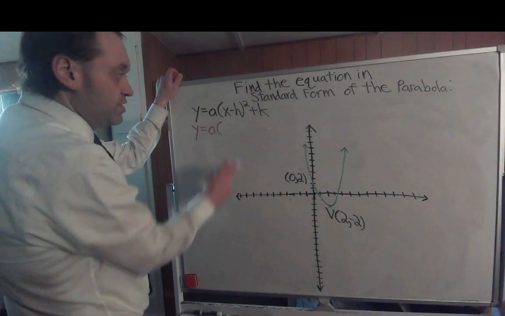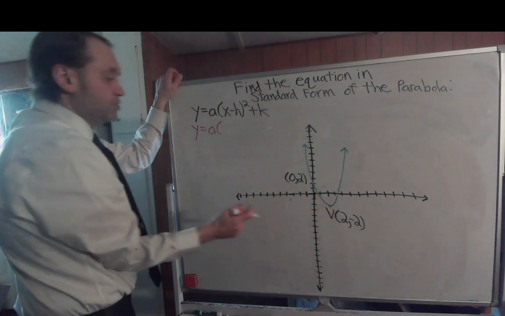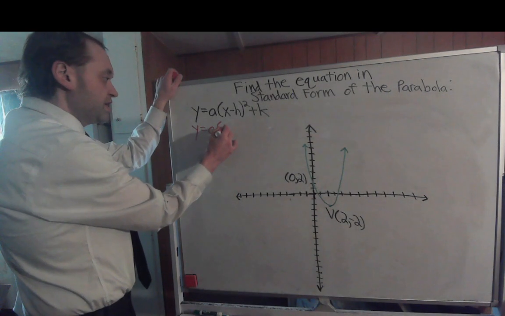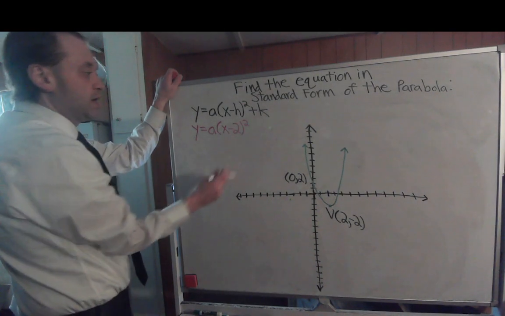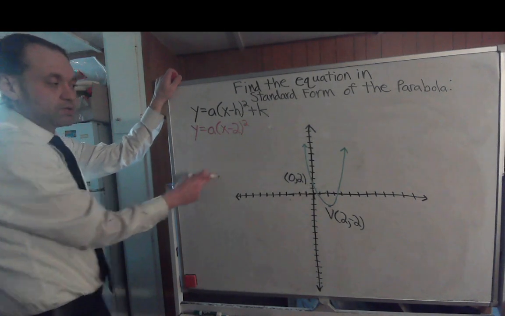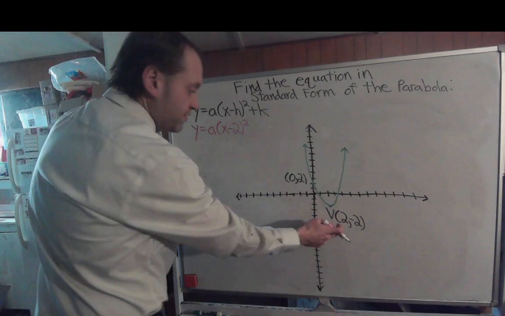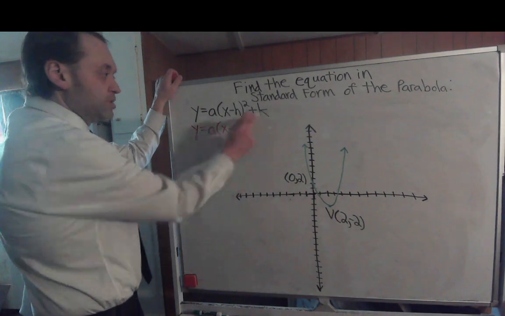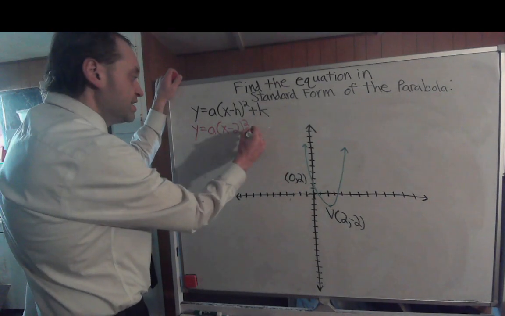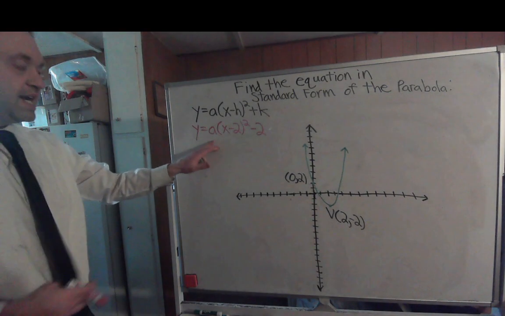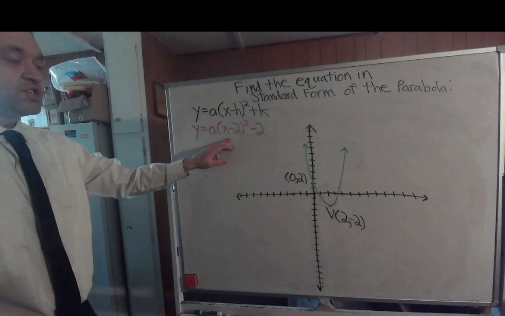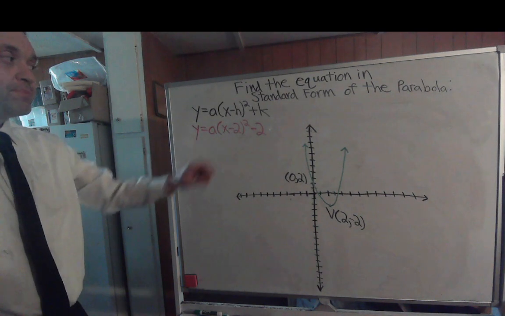The h, your x coordinate, is 2, so this would be x minus 2 quantity squared, because if you set x minus 2 equal to 0, you'll get the x coordinate of your vertex at 2. Plus your k, well, your k is -2. So this is going to be y equals a times the quantity x minus 2 squared minus 2.